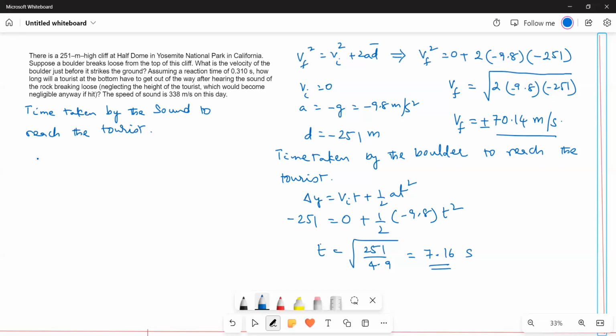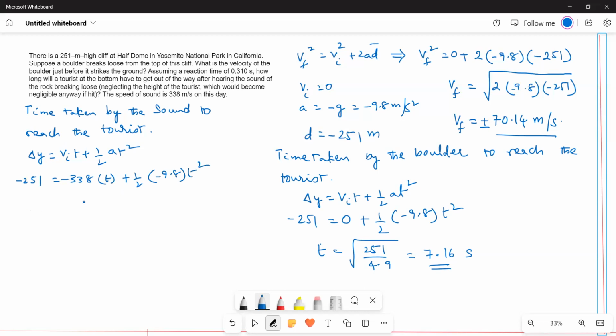Delta y is equal to Vi t plus half a t squared. This is minus 251 is equal to, V is given as 338. Again, it is coming down, so I will write negative 338 times t plus half into minus 9.8 into t squared.